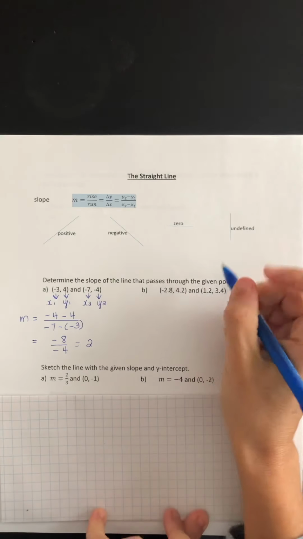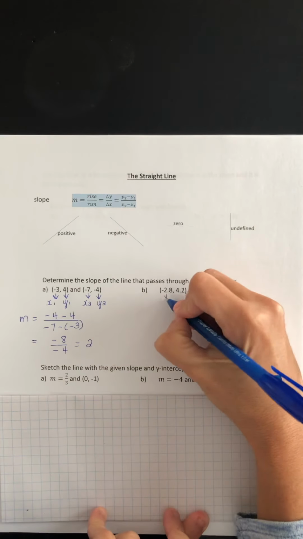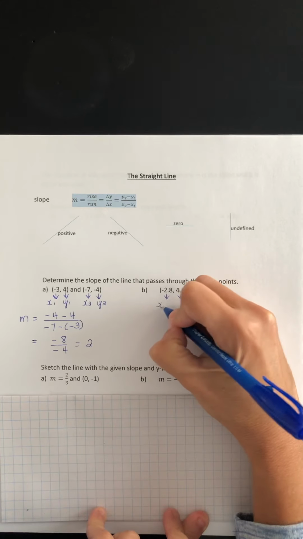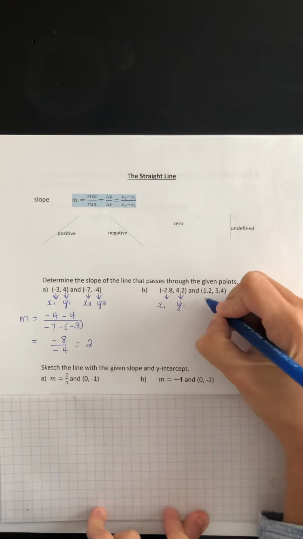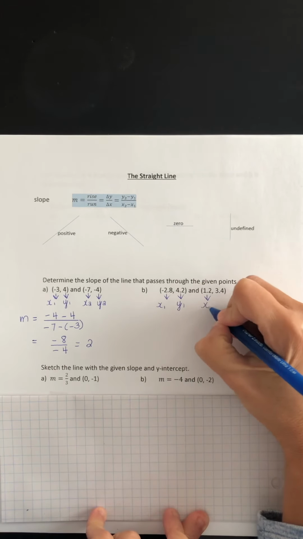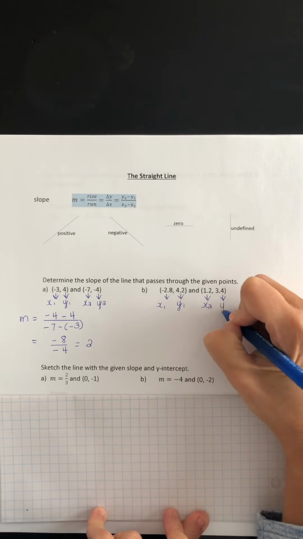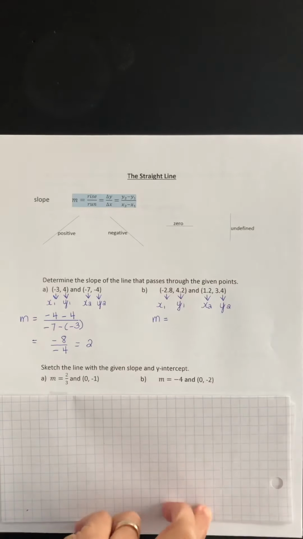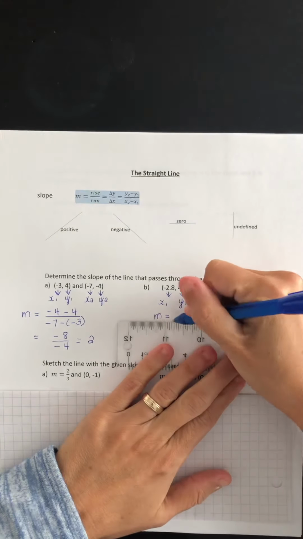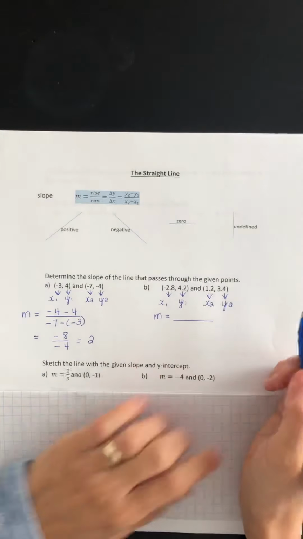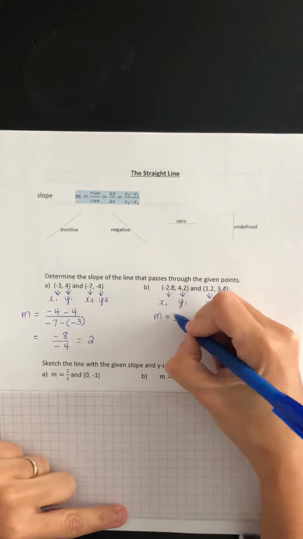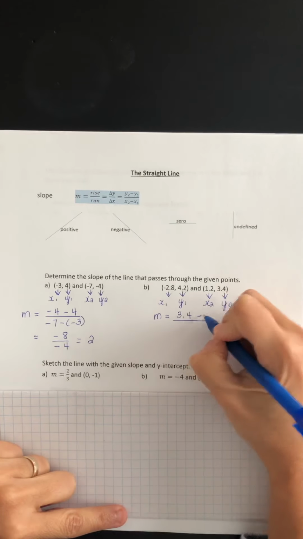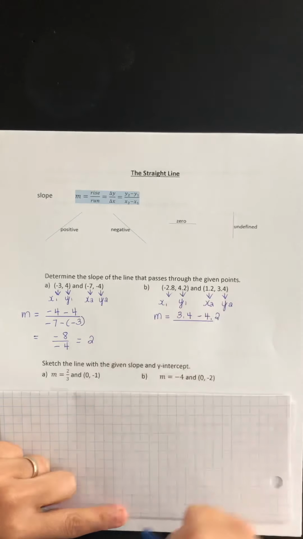So we'll do one more together. Here's a second example. And again, I'll just label my points like this and then use our formula. So y2 minus y1 will be 3.4 minus 4.2.